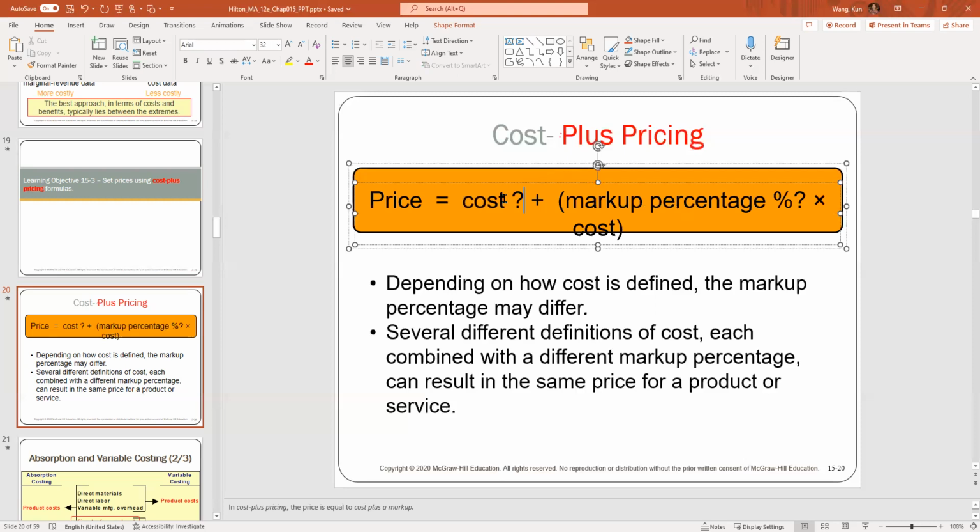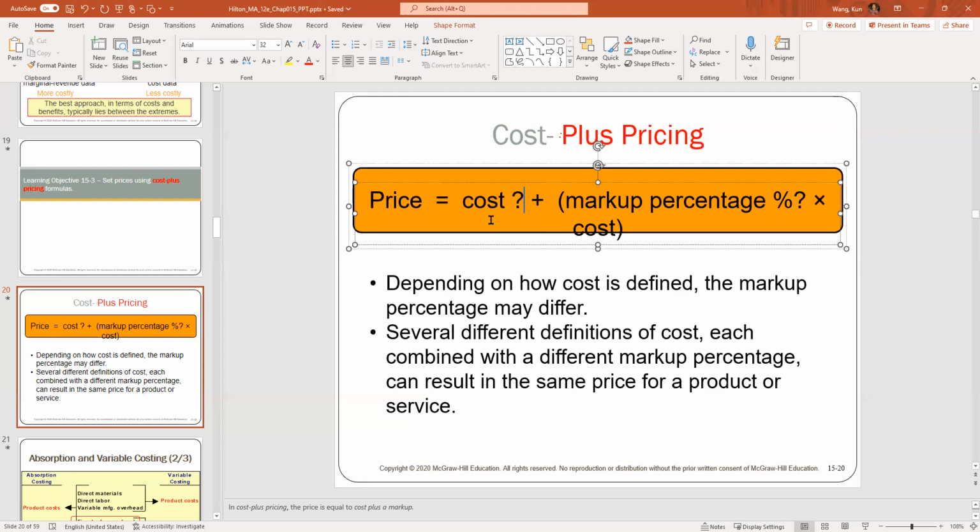The lower the cost you consider, for example, when I'm thinking about covering the variable cost only, like variable production, then variable sales and marketing, then your markup should be higher because you haven't included the fixed expense in your cost layer yet.